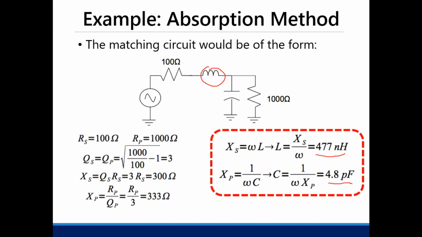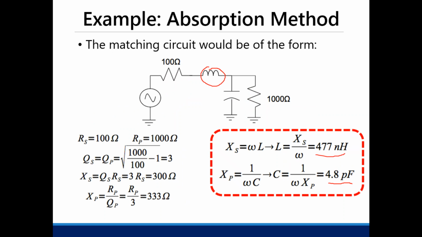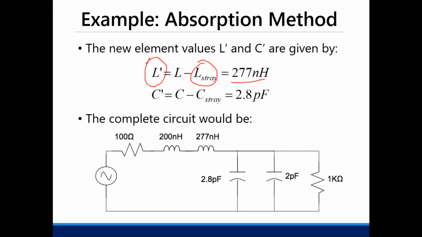For our capacitance, since it's in parallel, we have a stray capacitance here, so we just need to subtract it from the capacitance needed to match the load to the source. So it's around 2.8 picofarad. Your complete circuit will now be this, and your matching network is equal to this value right here.